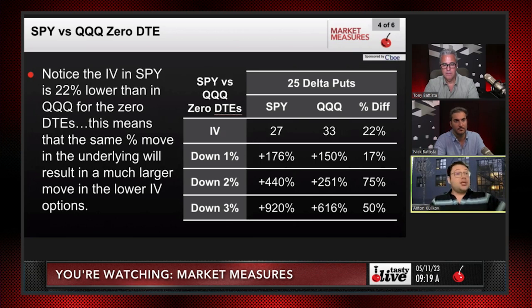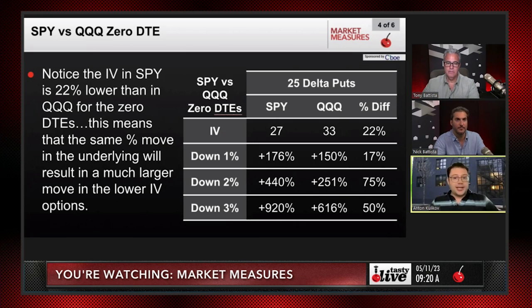If you're playing it to the long side, or you're playing to the short side, doesn't matter. If you compare the same move, with a low IV stock and a high IV stock, those lower IV options will be significantly more sensitive to that same percentage move than the high IV options will. Why? Because you're paying more for the high IV options because the move is more likely.